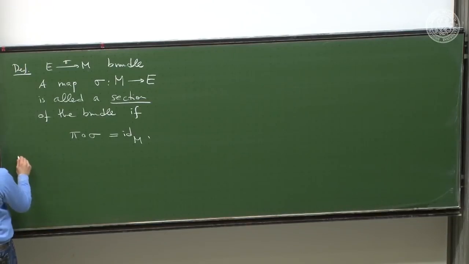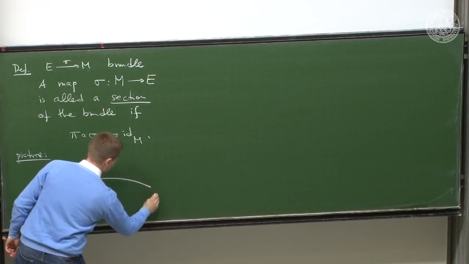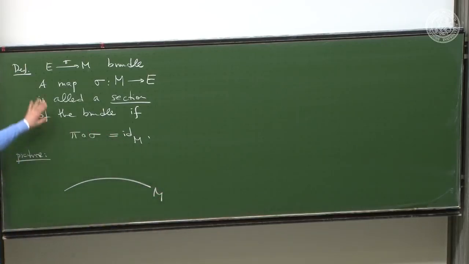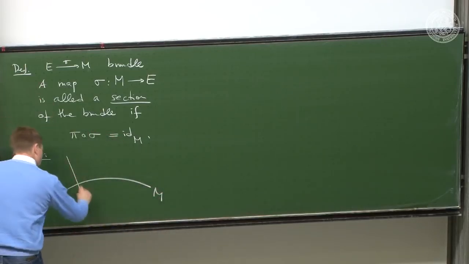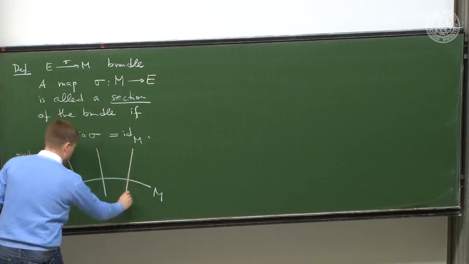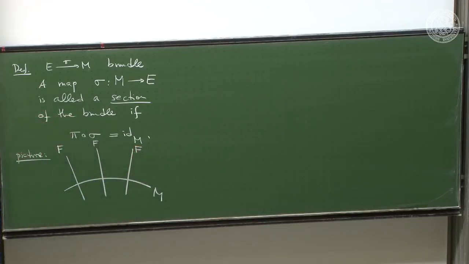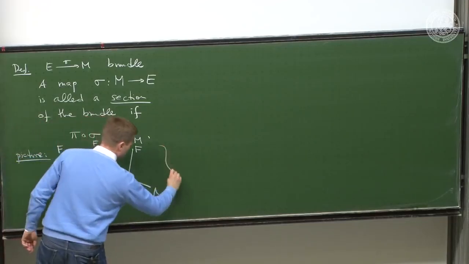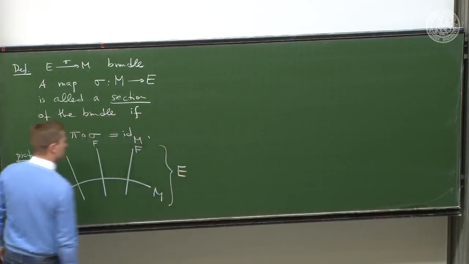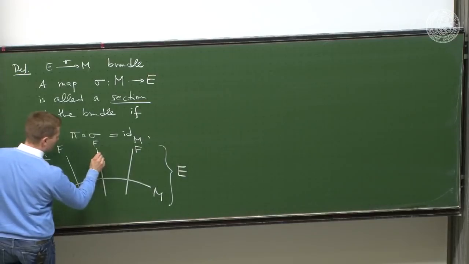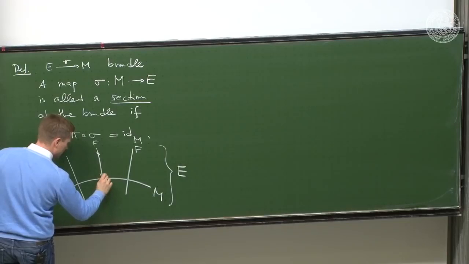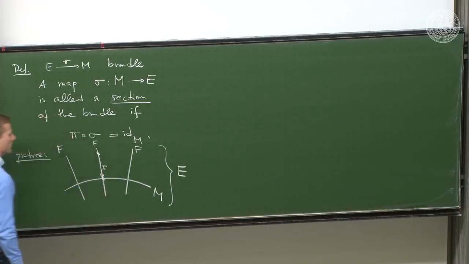Well, as a picture to this, we have the base space M, and this is for a general bundle, but let's consider the case of a fiber bundle to draw a picture. So at every point you attach the same topological manifold F, and then it's clear the whole picture is the total space, and if you have this point in the total space, then the projection map will take you down to this base point.